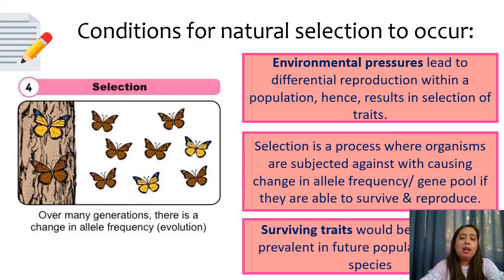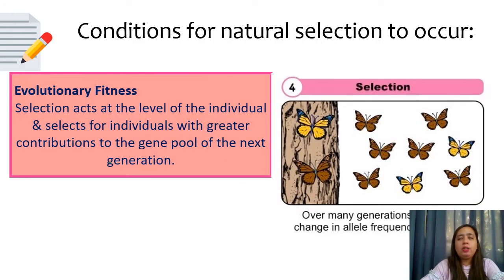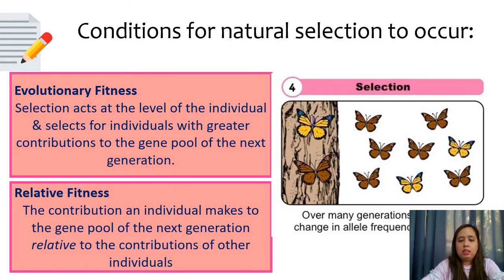So let's look at selection. Okay, in selection, we're looking here at evolutionary fitness. Selection acts at the level of the individual and selects for individuals with greater contributions to the gene pool, and we have what you call relative fitness: the contribution an individual makes to the gene pool of the next generation relative to the contribution of other individuals.